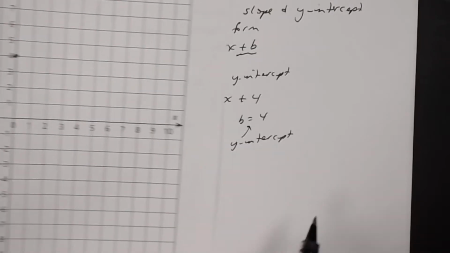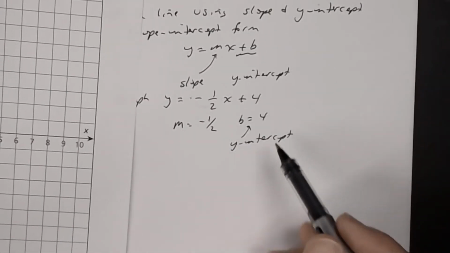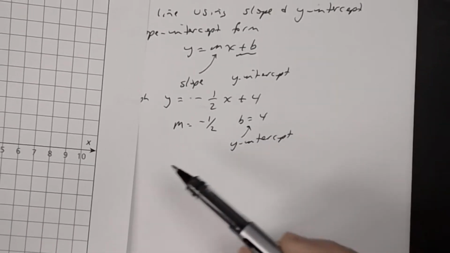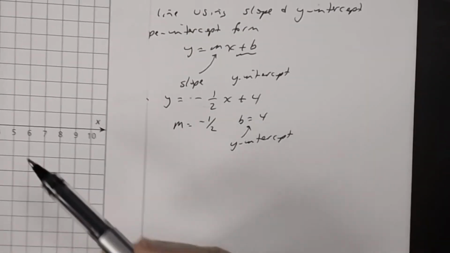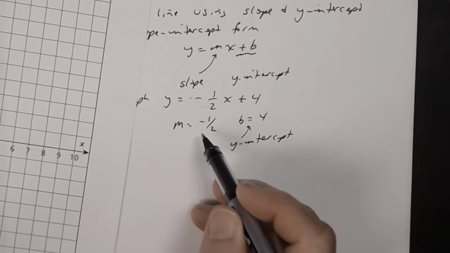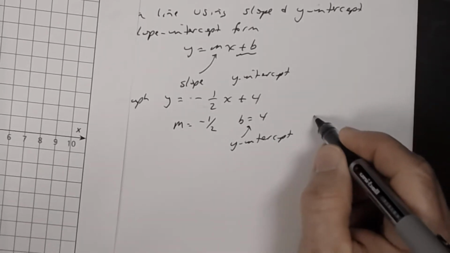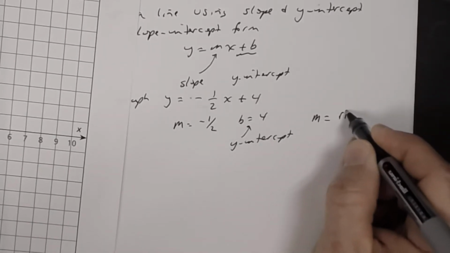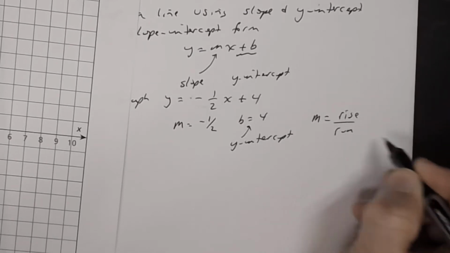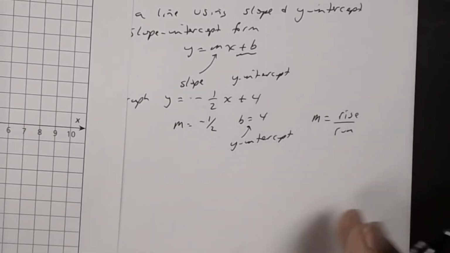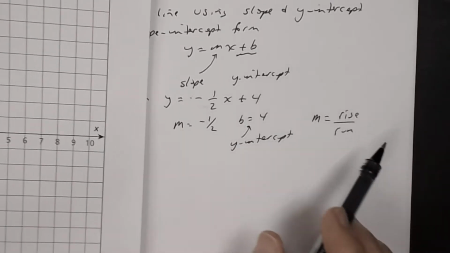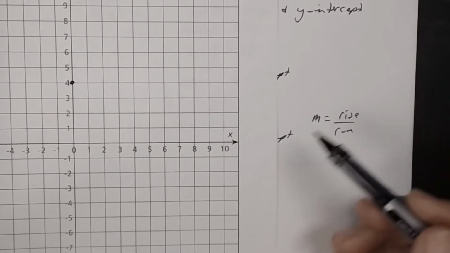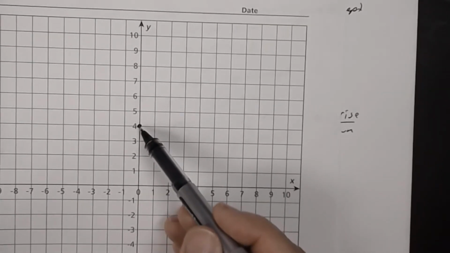So remember, to graph a line using slope-intercept, or to graph any line, we need 2 points. I already found one. And to find the other, I'm going to use the slope, and the fact that the slope is rise over run. In this case, my rise is negative 1. If your rise is positive, from that y-intercept you're going to go up.